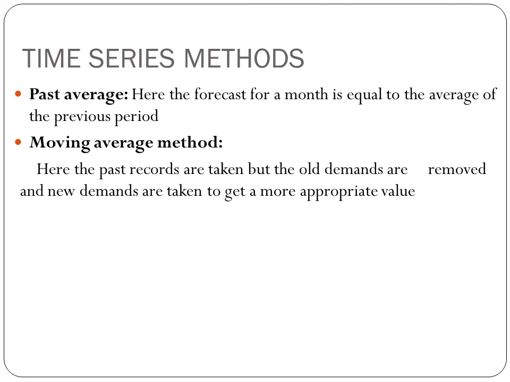The moving average method is similar to the past average method, but here as we get new demands we remove the old demands. If I have to calculate for the month of May using the 3 months moving average method, then I will not take January, February, March.